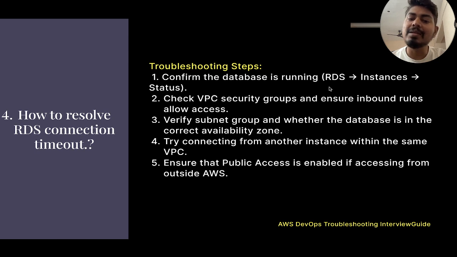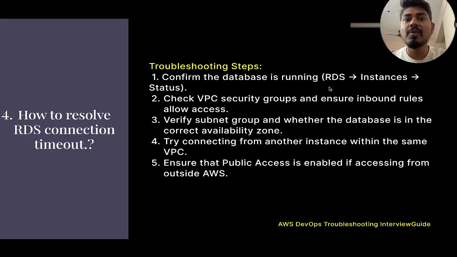Try connecting from another instance within the same VPC. If it is able to connect, then the issue should be something else. Ensure that public access is enabled if accessing from outside AWS. Sometimes, most of the time, we launch our RDS instance in a private subnet.